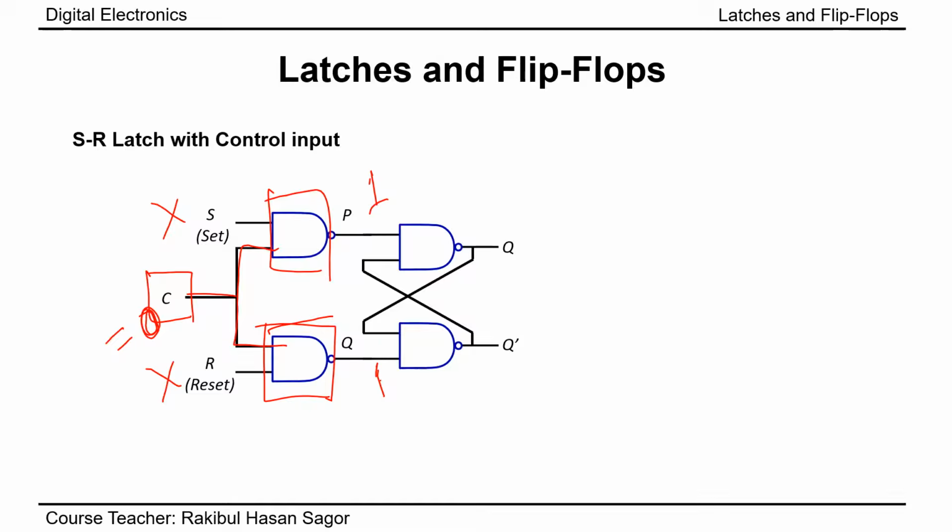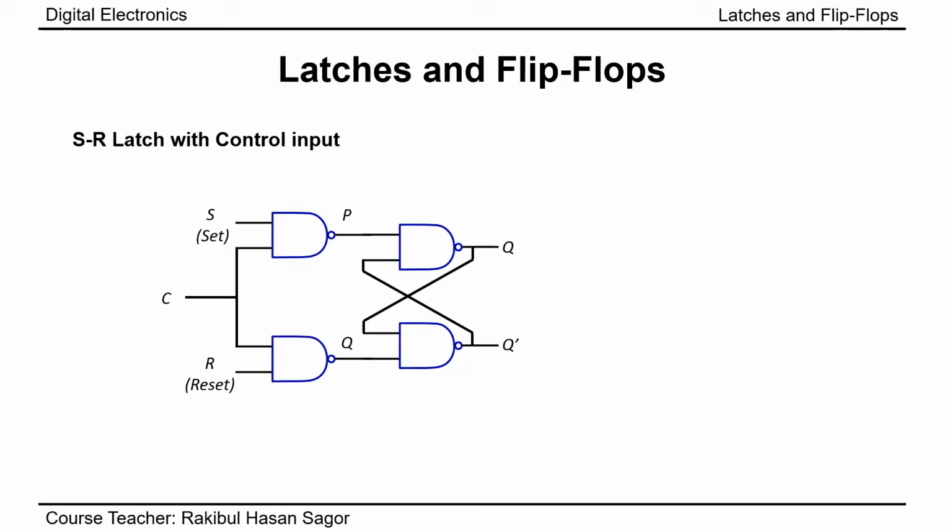From the previous slide, we know that whenever we have 1 signal, the output Q will hold the previous output. That means there will be no change in the output side. Even though I am changing the value of S and R, it won't change the output value because the control signal is equal to 0. That means the control signal is controlling when the input is to be transmitted.